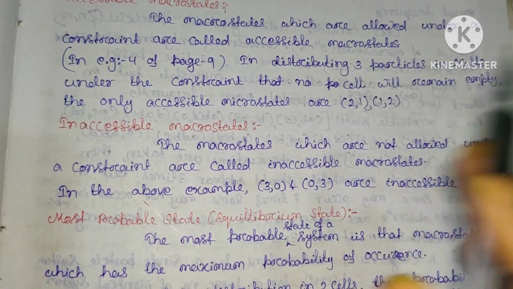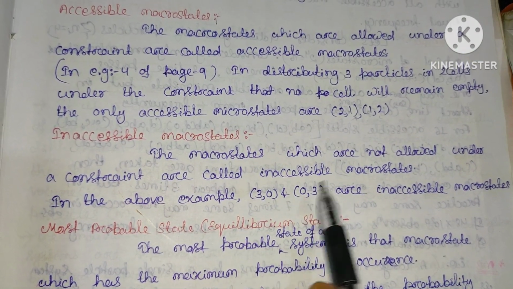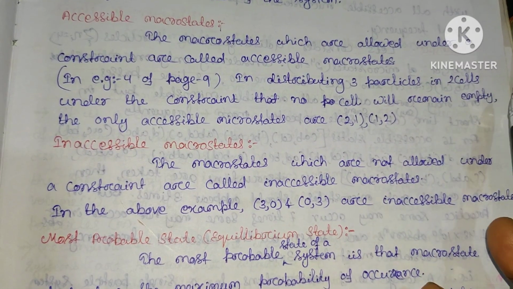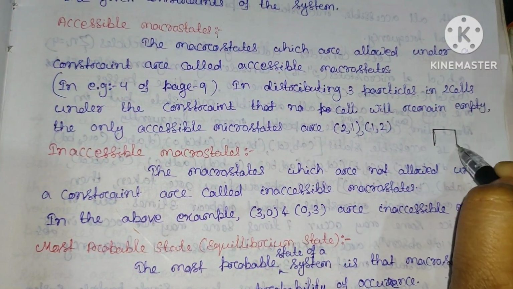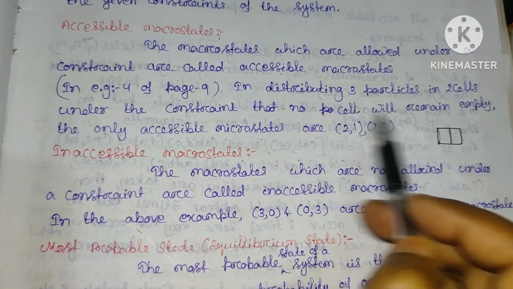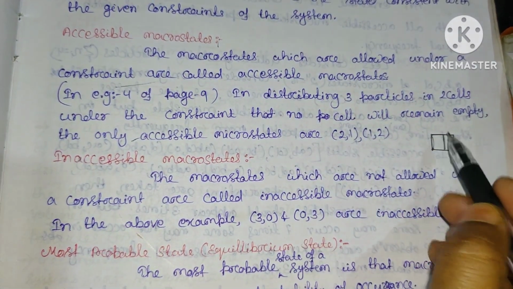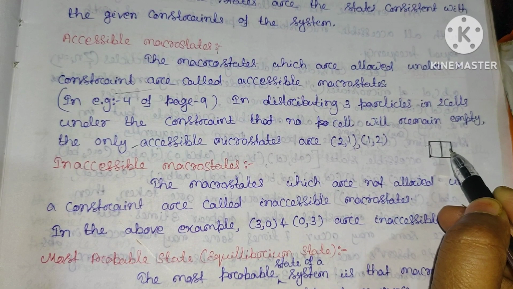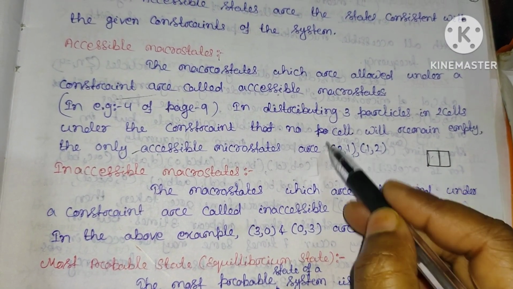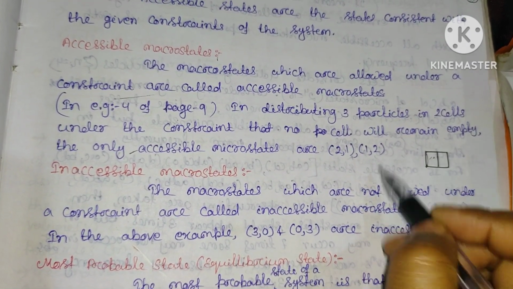What are inaccessible macrostates? The macrostates which are not allowed under a constraint are called inaccessible macrostates. Here there are 3 particles and 2 cells, but the constraint is that no cell remains empty. So one cell containing 1 and the other 2 is accessible, but an inaccessible macrostate does not follow the constraint.